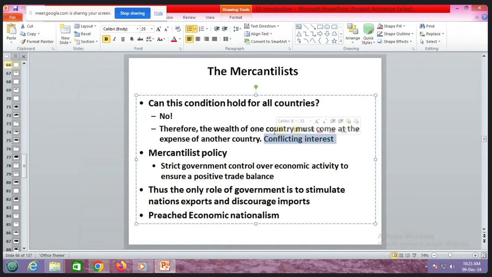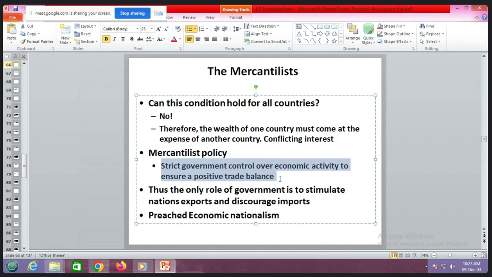because one country can gain only at the expense of another country, and therefore the mercantilist policy said that there has to be strict government control over the activity to ensure a positive trade balance. That means that all countries should have government interference in trade.